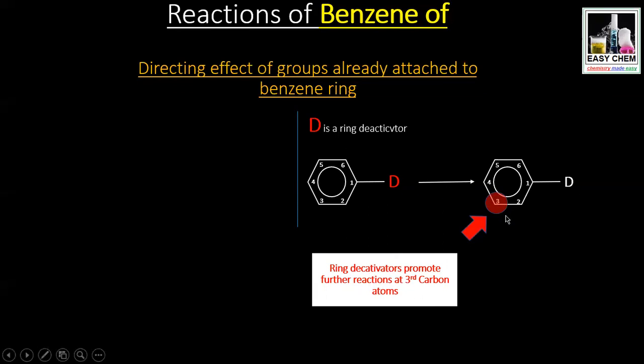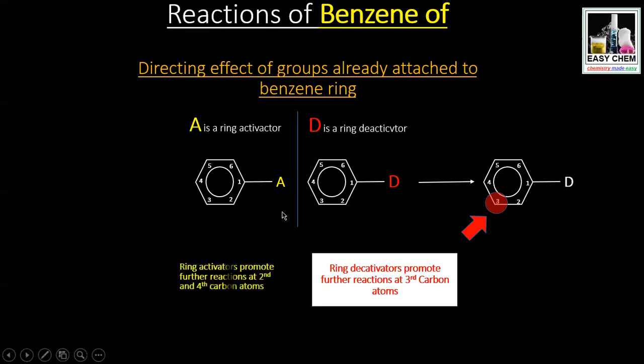On the other hand, if you see another compound where this capital A refers to an activator, the activator is giving electrons. When an activator gives electrons, I said the second and fourth positions are going to get activated. Ring activators promote further reaction at the second and fourth carbon atoms by increasing electron density on them. And accordingly, we will get two compounds.